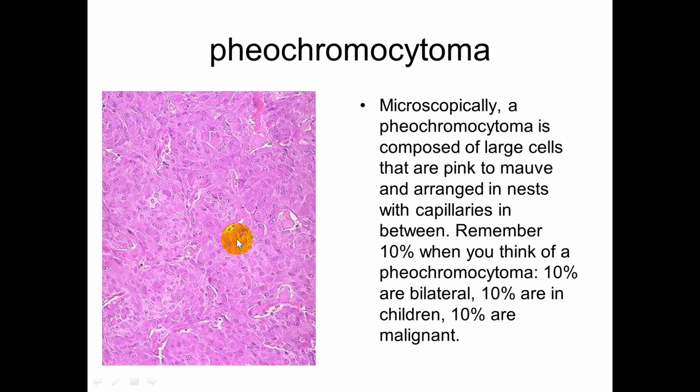Microscopically, pheochromocytoma is composed of large cells that are pink to mauve and arranged in nests with capillaries in between. Remember, 10%: when you think of pheochromocytoma, 10% are bilateral, 10% are in children, 10% are malignant.